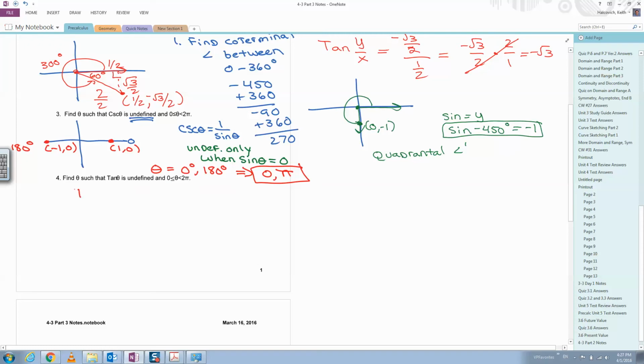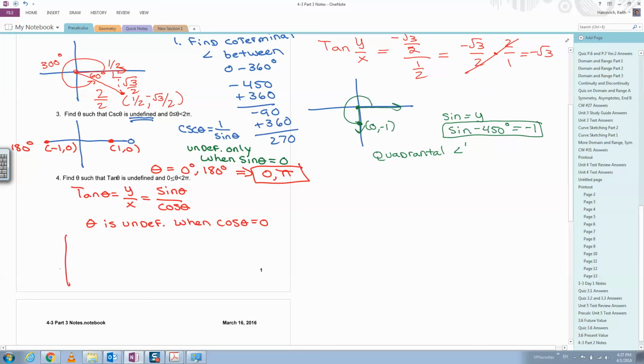The next one, find theta such that the tangent is undefined, and it's between 0 and 2 pi. Remember, tangent is y over x, and remember, since y is sine and cosine is x, tangent is also known as sine over cosine. Well, this means that tangent is undefined when the cosine is 0.